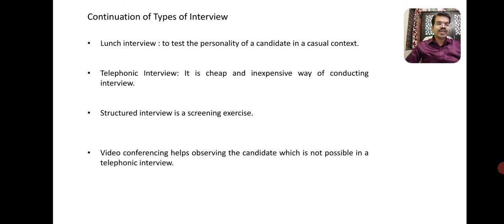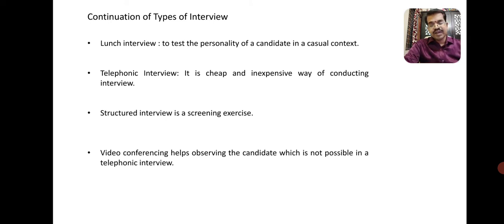Because a person may be very good in his knowledge, but if he fails to have the social skills, and if he is not a team player, then the candidate definitely will cut a very sorry figure and may not be the right person in an organization. He may be an odd man in the organization. So the group interview is another type of interview which one must understand.